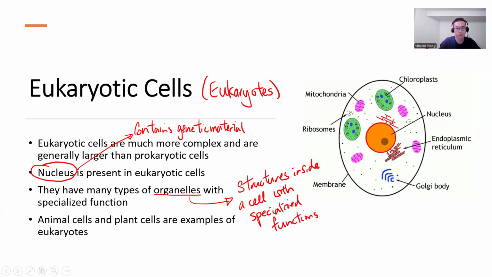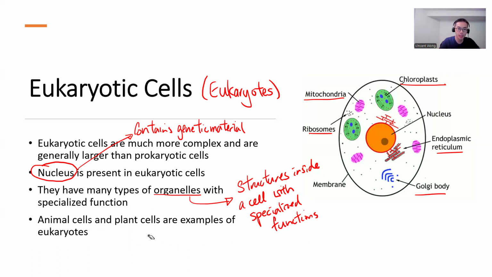And we're going to learn about all these organelles. So mitochondria is an organelle. It makes energy for the cell. Chloroplast is the organelle for plants. It does photosynthesis, and so on and so forth. Each of these organelles has a specific function, and there are a lot of organelles in eukaryotic cells.